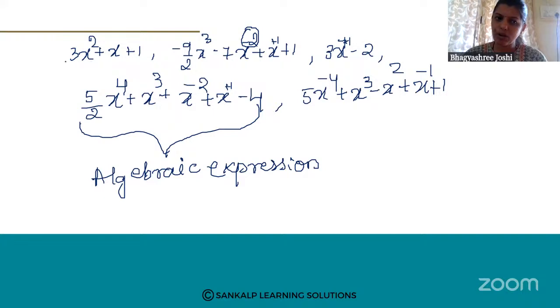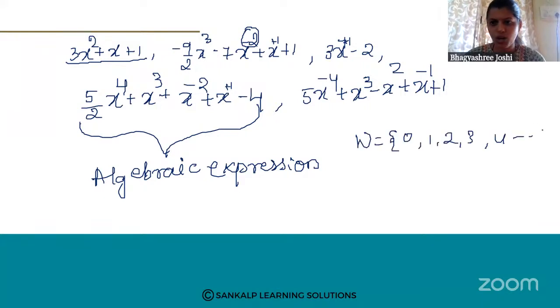we have only positive exponents. That means the variable power is a whole number. See, in whole numbers, W is equal to 0, 1, 2, 3, 4. These are all whole numbers, right? So in the set of whole numbers, we are observing only positive values.